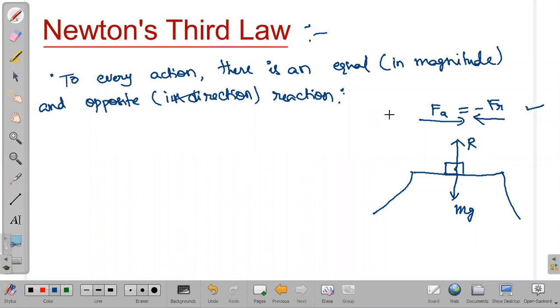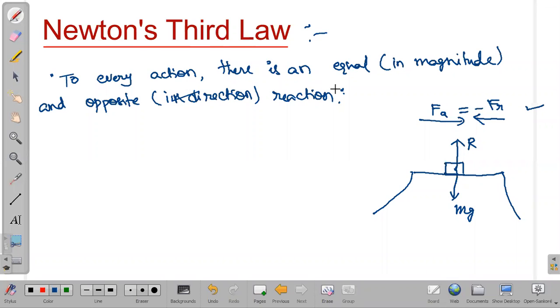We push the ground with the help of our foot, right? So there also a reaction force is acting. It is difficult to walk on sand or ice. Why? Because there the action and reaction forces are not balancing. Some other extra forces are acting. That's the reason we are unable to walk there.